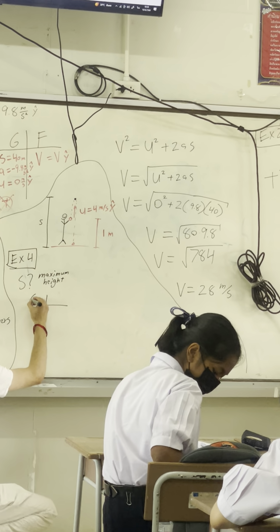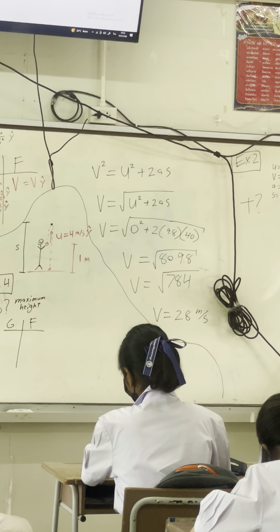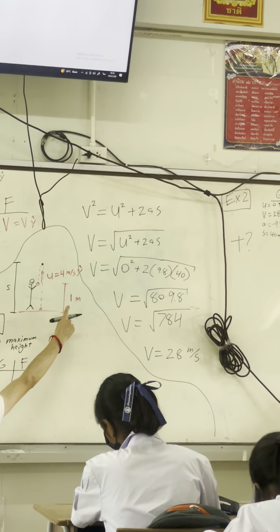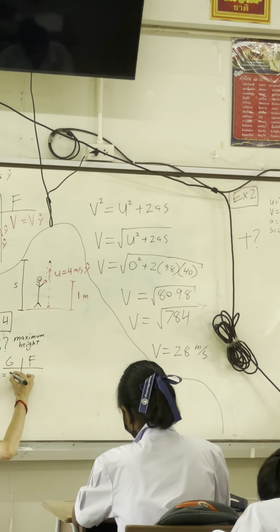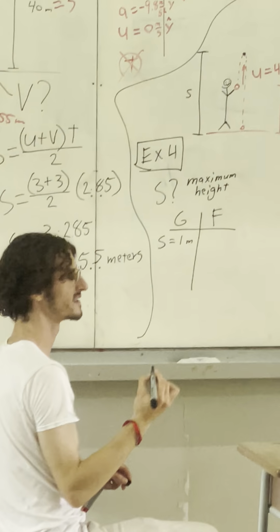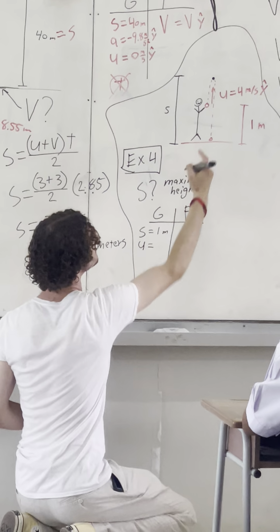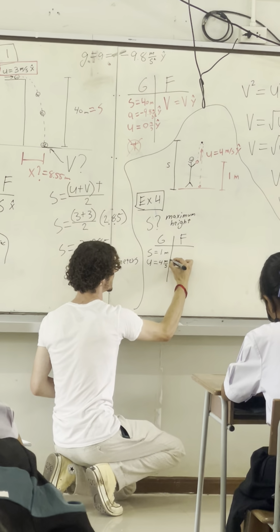We're given that its initial y position is 1 meter off the ground. We know its initial velocity is 4 meters per second up.